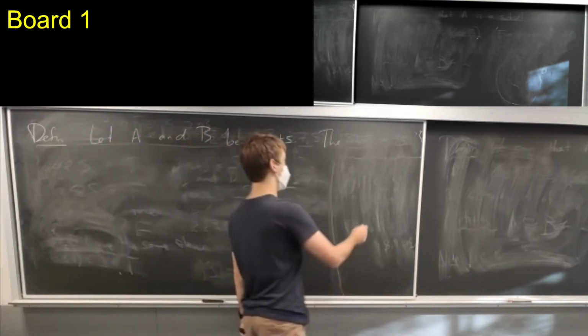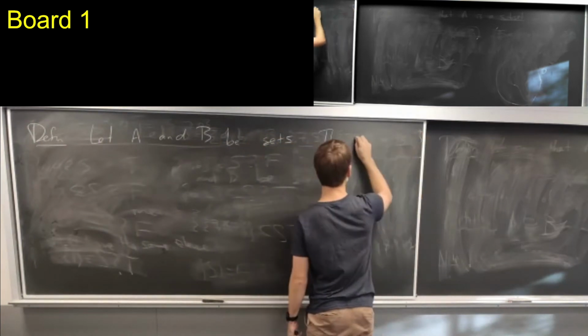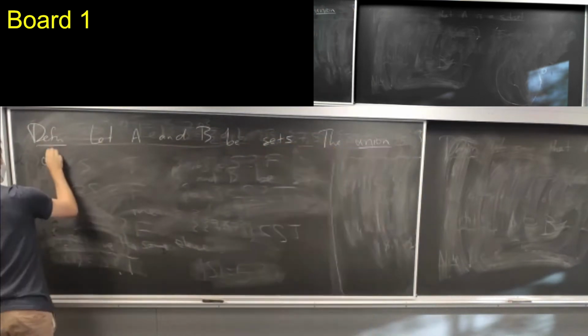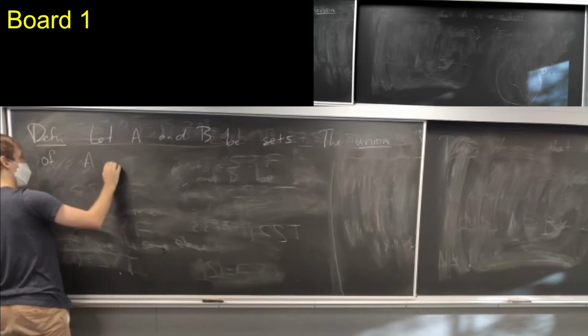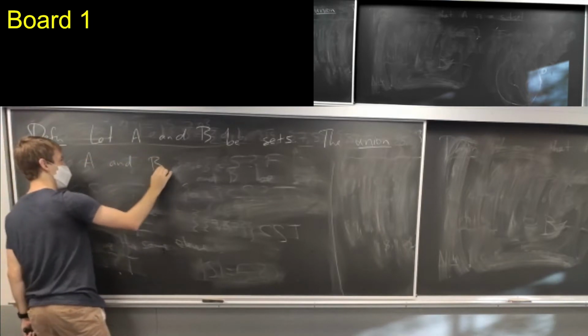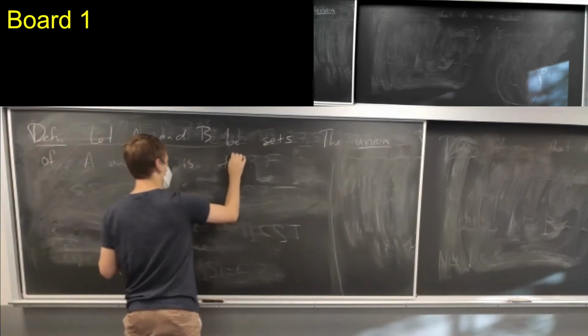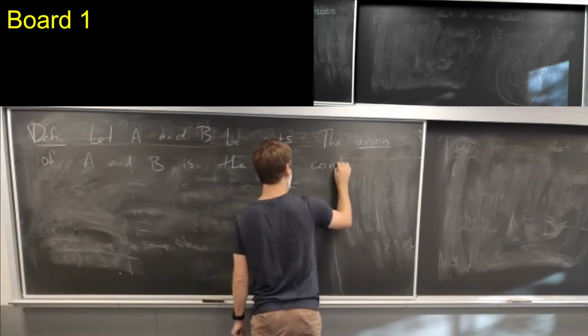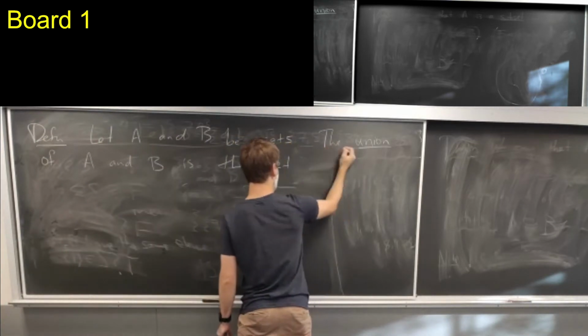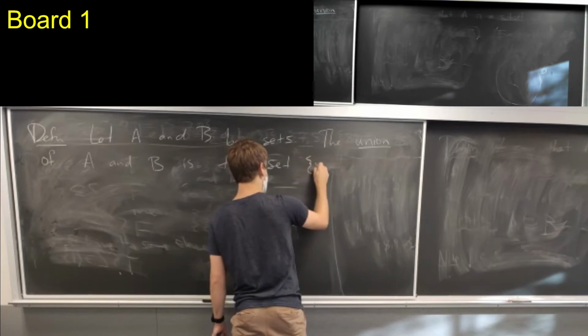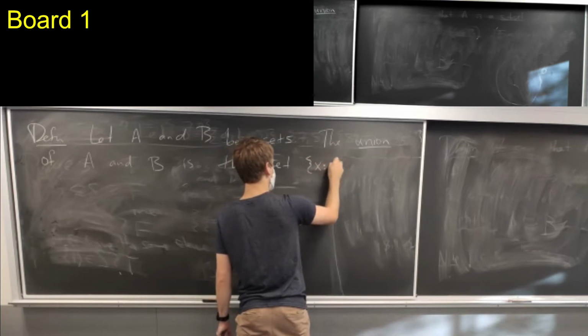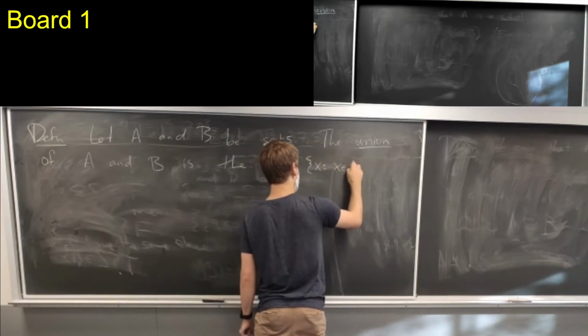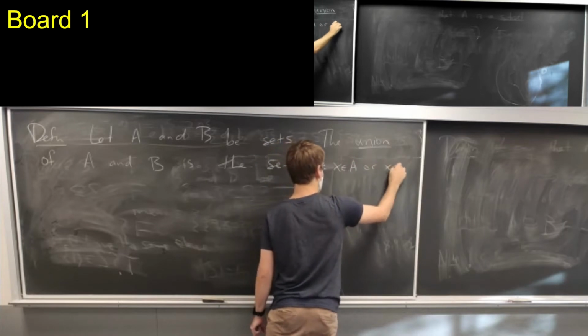So that's the concept of a union. The union of A and B is the set containing, well, actually maybe I can just write the set. So it's the set of all x such that x is in A or x is in B.